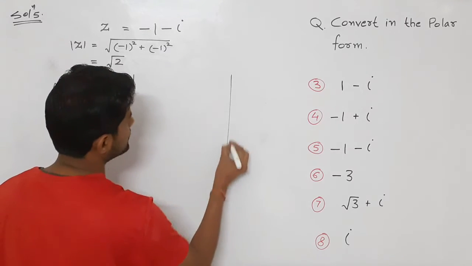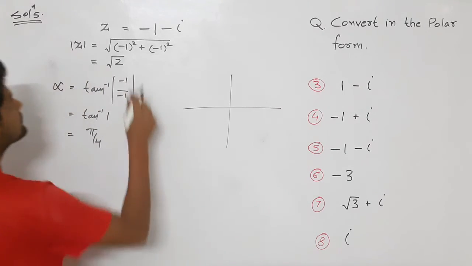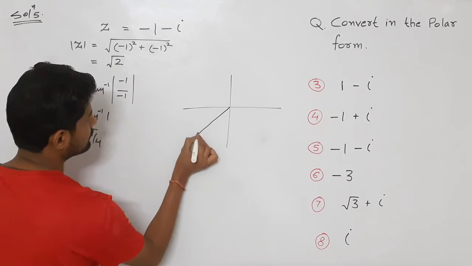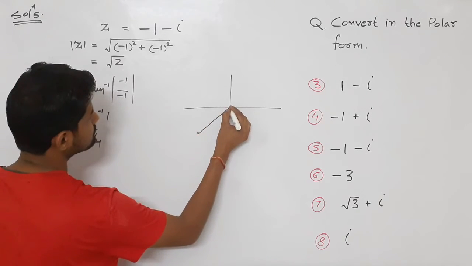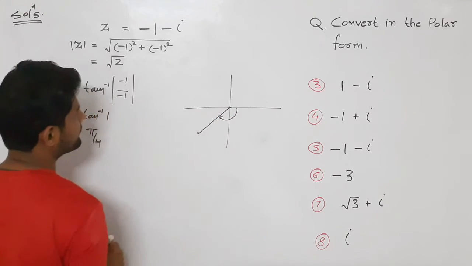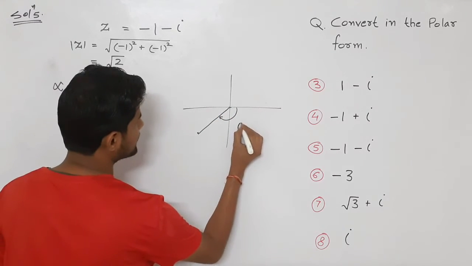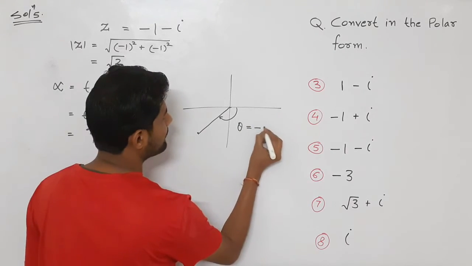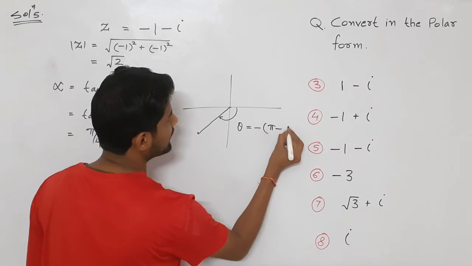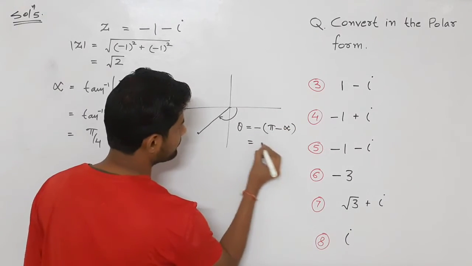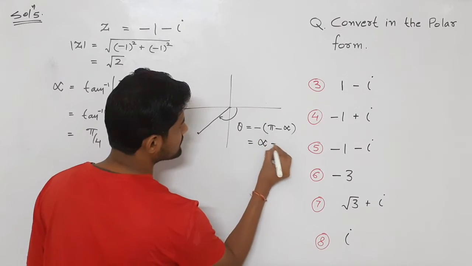Now we will see in which quadrant this complex number lies. So this lies in third quadrant. A is negative, B is negative here. So we will move from here to here. Okay. And in this case, theta or principal argument will be minus of pi minus alpha, or alpha minus pi.